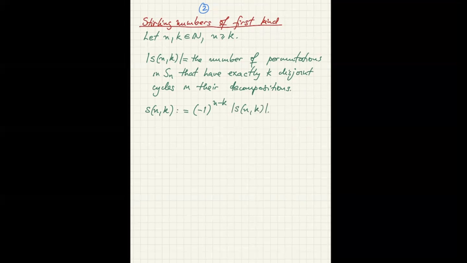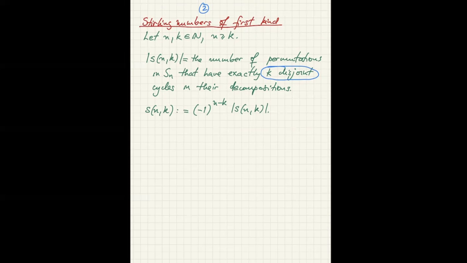We'll see in a second when we prove some of the properties of the Stirling numbers the reason for this definition. Now, I want to talk a little bit about the definition. We have exactly k disjoint cycles in their decomposition. We proved earlier in the class that every non-identity permutation can be written as a product of pairwise disjoint cycles.